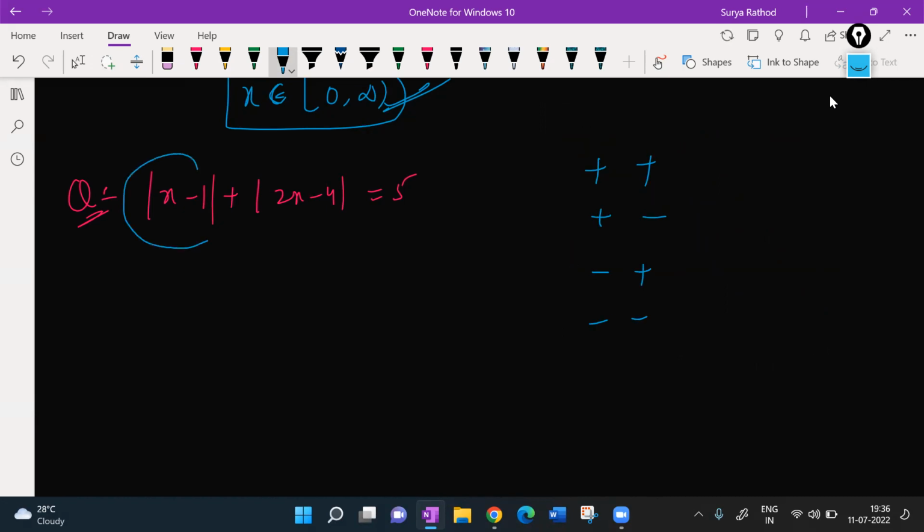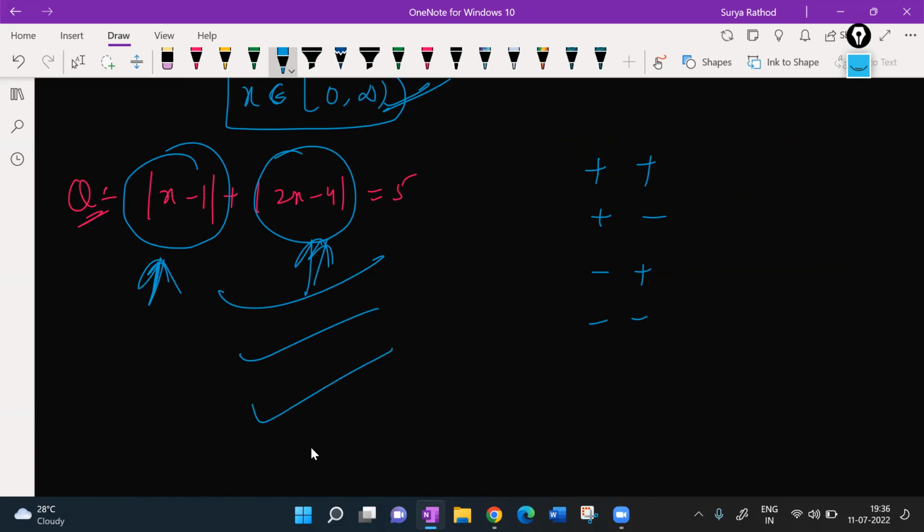Take this function as positive and this function as positive, and solve the equation. Take this function as positive and that function as negative, solve the equation, and you'll get one x value. Take this as negative and that as positive, solve it, and you will get one more answer. Take both as negative, and you will get one more answer.